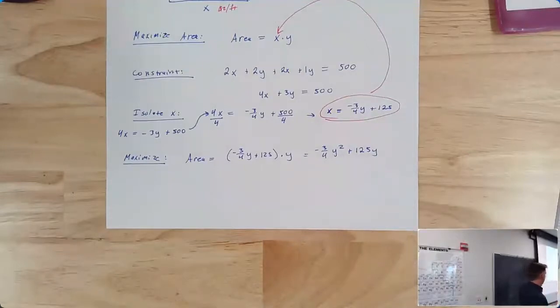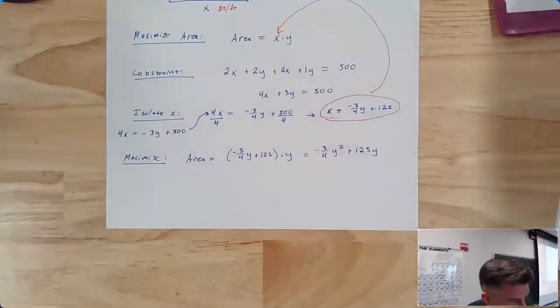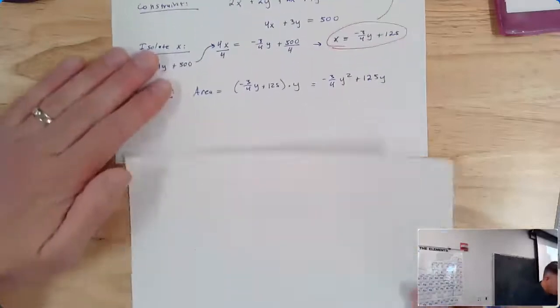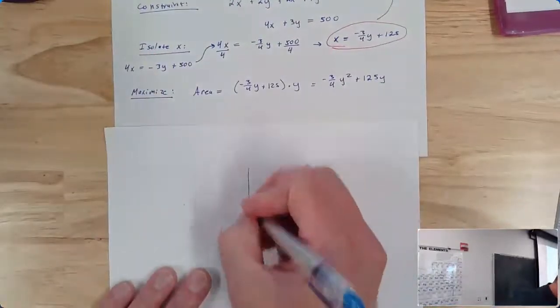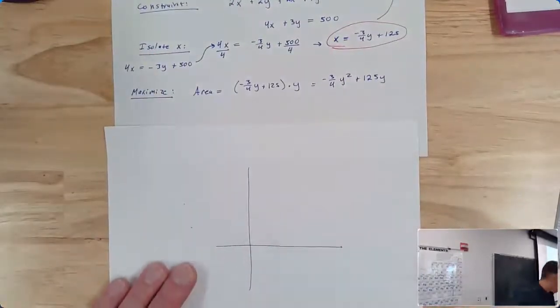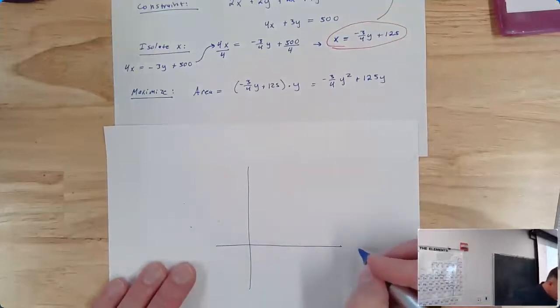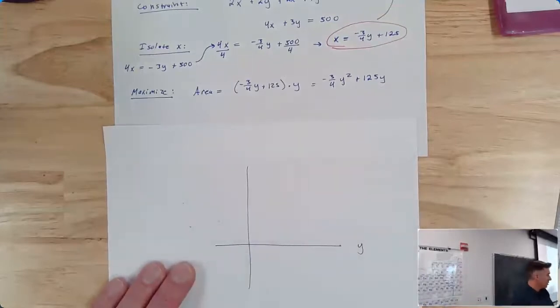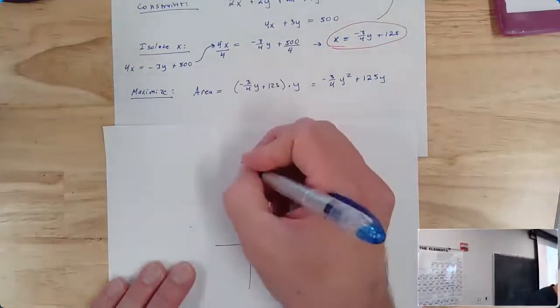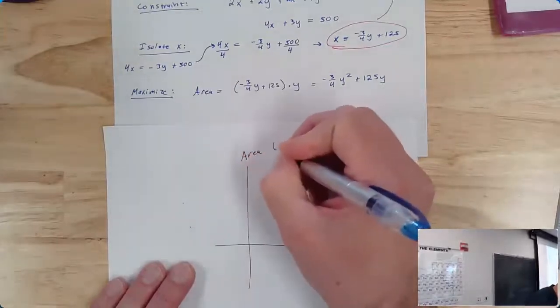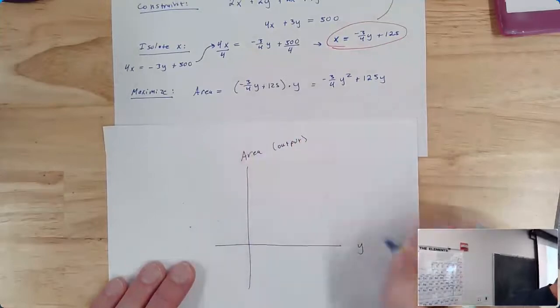If I was thinking about graphing this parabola, let me grab another piece of paper here real quick. If I was thinking about graphing this parabola, which I might do in a second here, I'd be thinking, okay, my horizontal axis is the Y axis because that's what I'm inputting, and my vertical axis is the area axis because that's my output. That's my input.